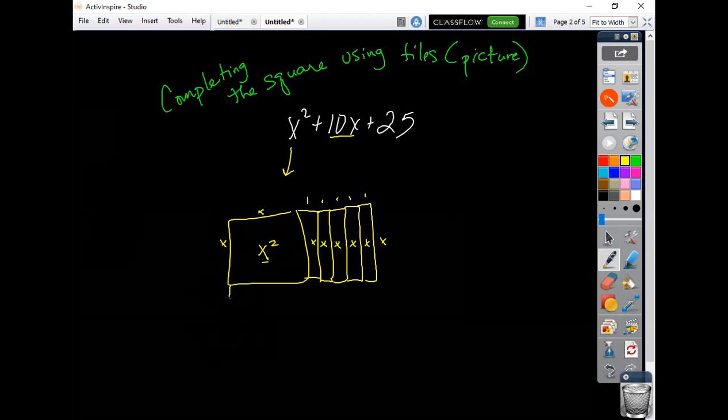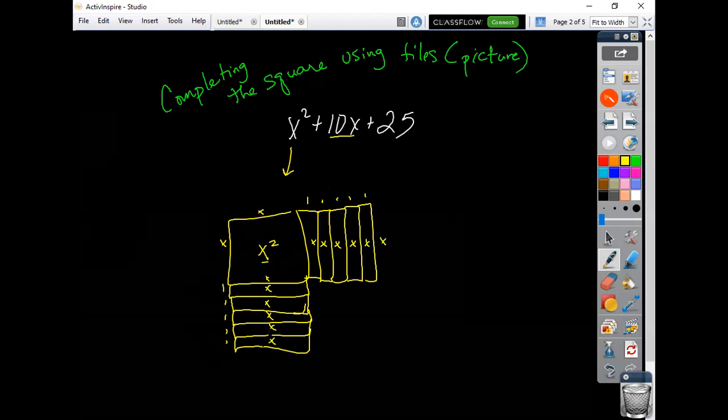And if we want to evenly distribute them on the length here and the width over here, so we're going to split those 10x's sort of like that. These are all 1s on this width. This x here matches that x there, so therefore these are all 1 by x, or area of x, as well.